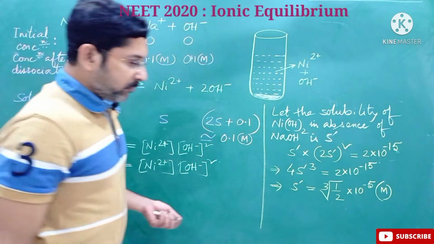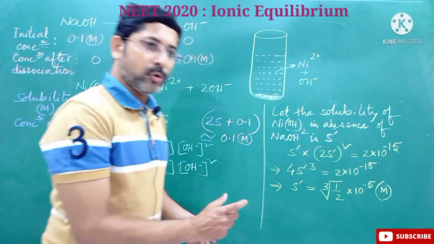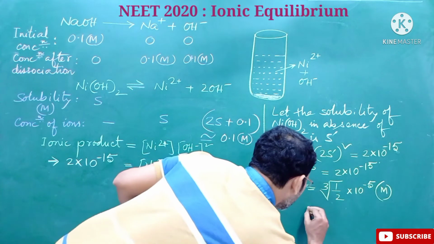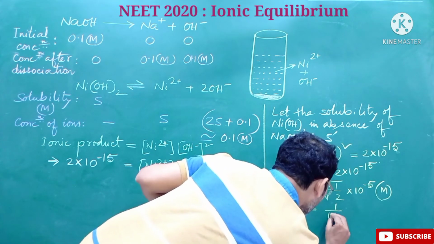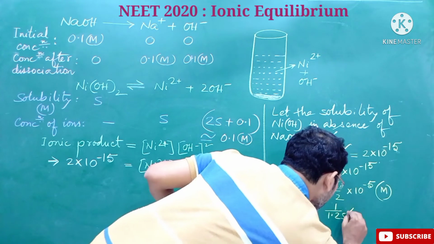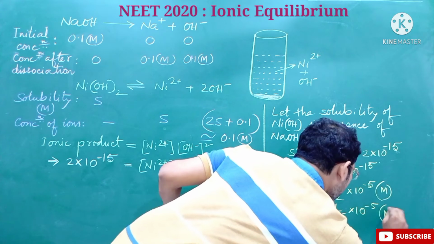If we solve this, the cube root of 2 is around 1.25, so this is 1 by 1.25 into 10 to the power minus 5 molar.